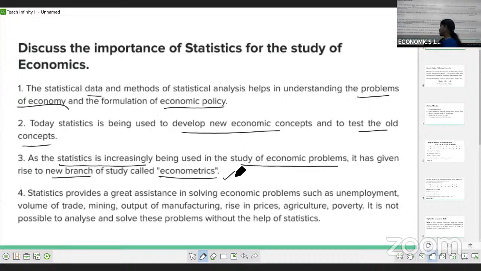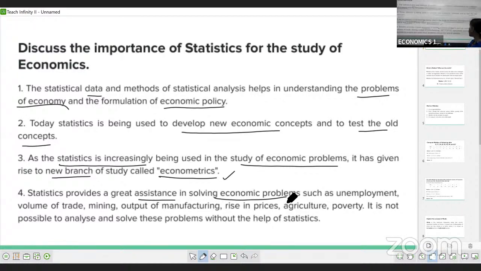Apart from that, statistics is also helping us in solving so many problems. In the first point itself, I told you, to understand the problems of economy. So what are those problems of economy that the study of statistics is helping us understand?